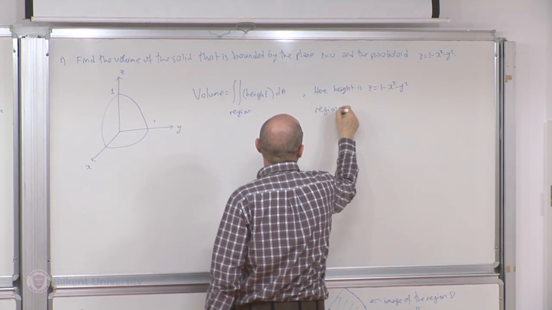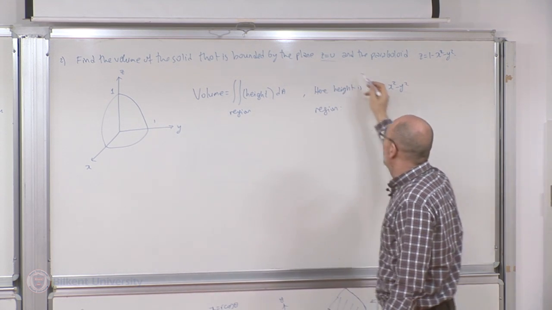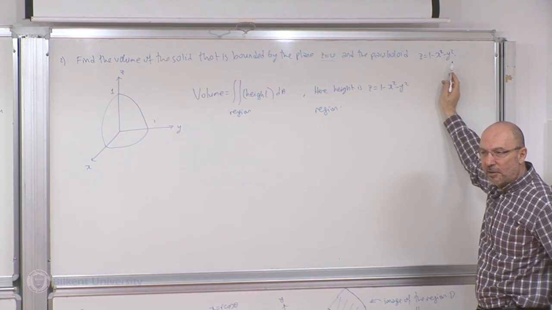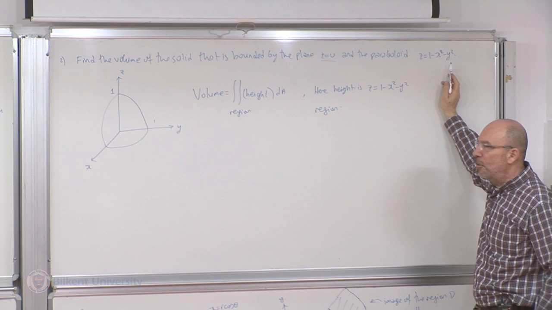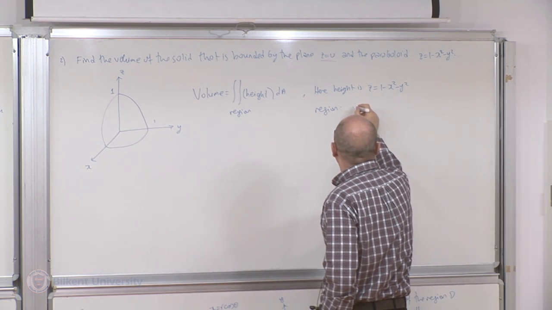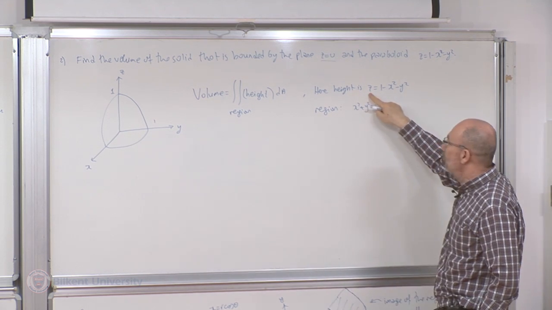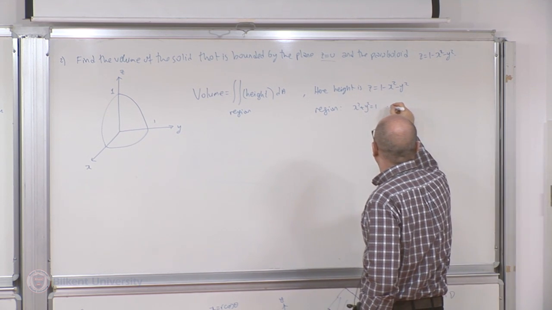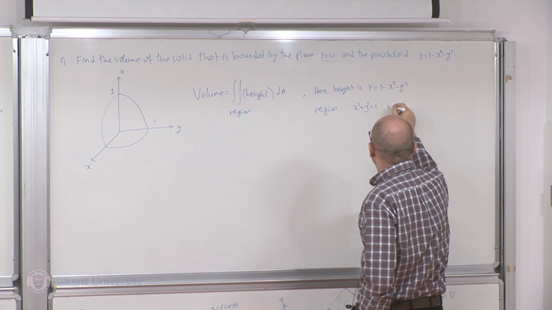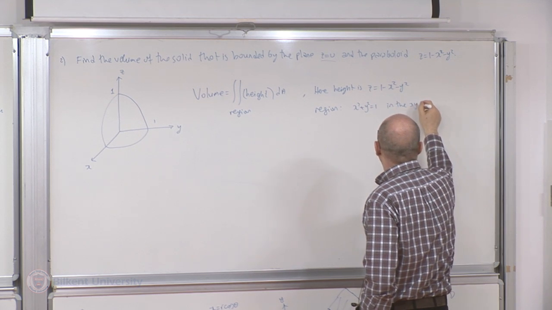The region is the intersection of this with this. So in the first octant, it's the unit circle, x squared plus y squared equals 1. I put z equals 0, and that is the xy plane.